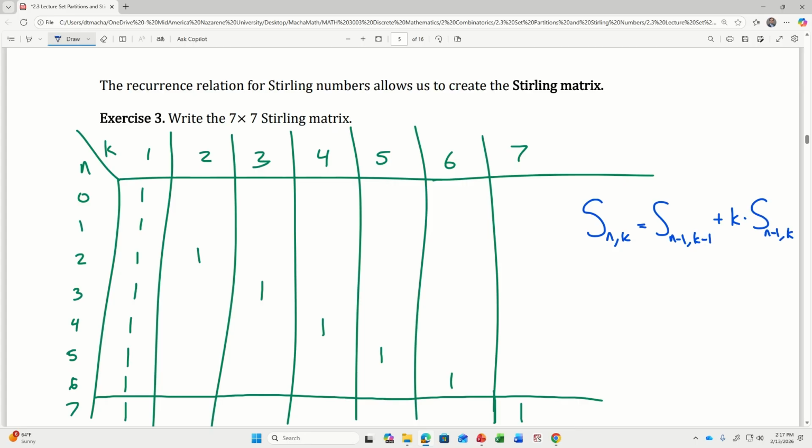So that means if I want this entry right here, 3 comma 2, I would have to add S(2,1) plus 2 times S(2,2). So this number should be 1 plus 2 times 1. It should be a 3.